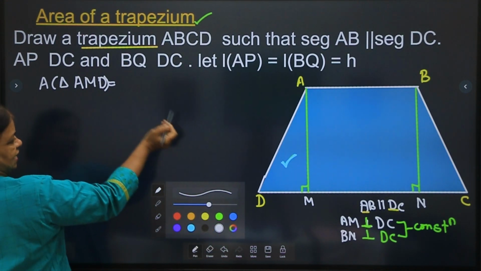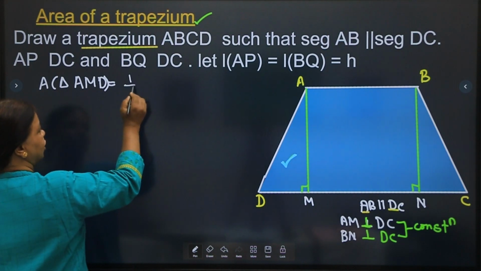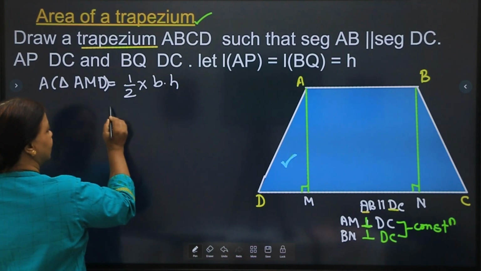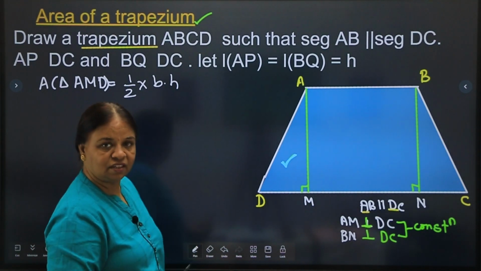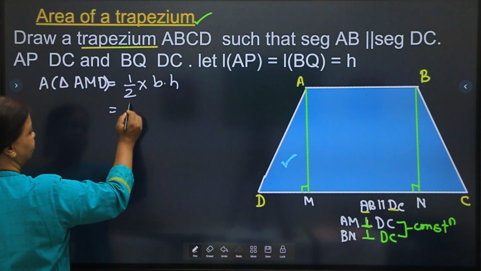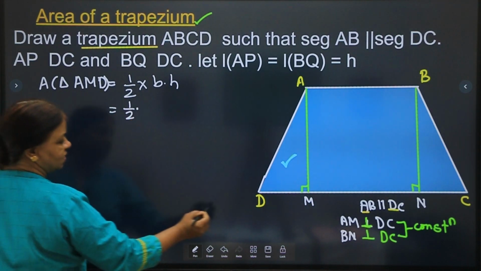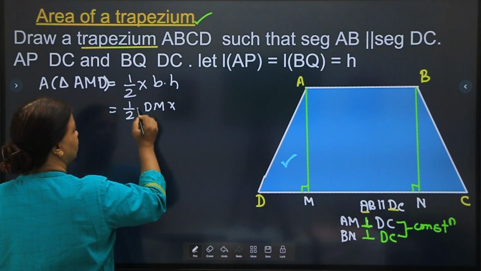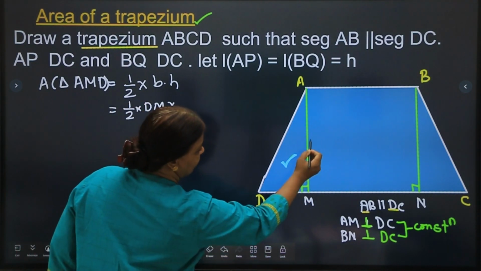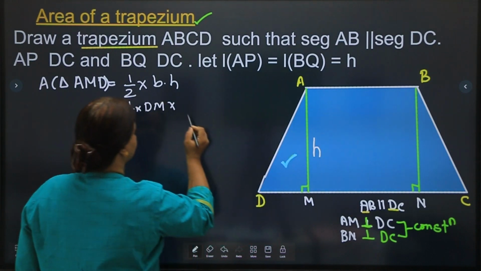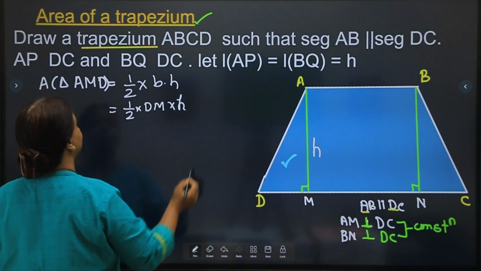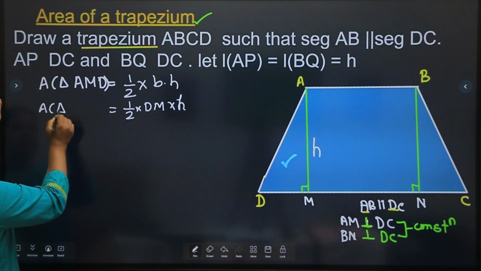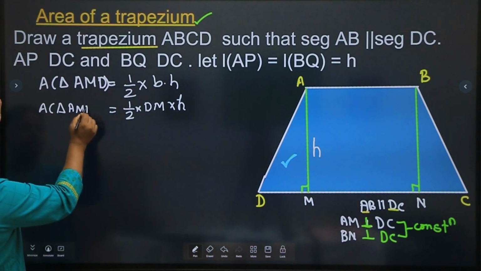I think you can say that it is half into base into height, isn't it? We have learned it. Now half into, what is the base? DM into height. Let us take H as height. Okay. So this is the area of triangle AMD. Fine.